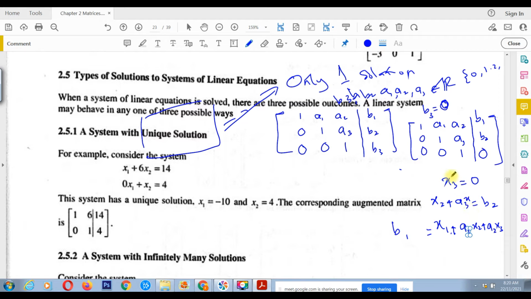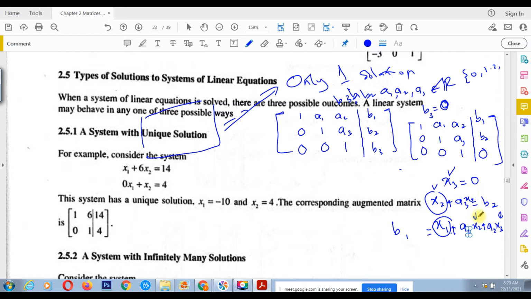So we can put x3 inside here, and since b2 is a real number, we can find x2. After we find x3 and x2, we can find x1 by putting in the values of x2 and x3.